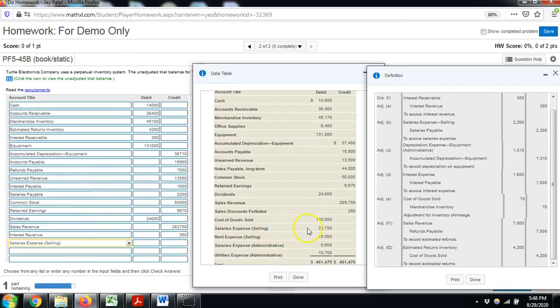And so we have our unadjusted balance of $25,700, but then we also have this adjustment of $2,200 that we have to add. So again, this is a debit balance, so we have to add them together. It's $27,900.